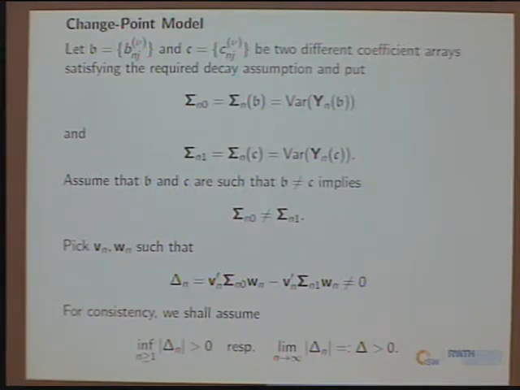So we're going to detect the change from one covariance structure to another one, and we pick weighting vectors such that the difference in the bilinear forms is not zero. And for consistency, we shall assume that the infimum over the delta n is positive, respectively, that it converges to some value delta, which is positive in absolute value.